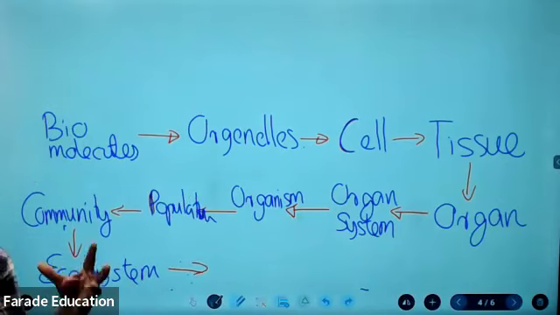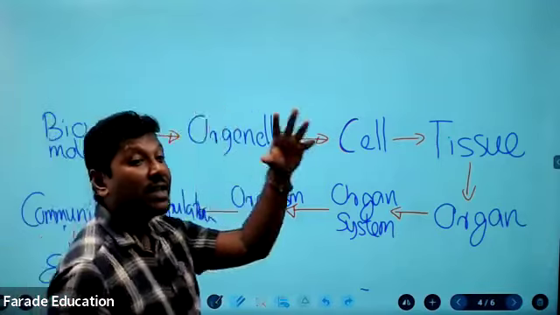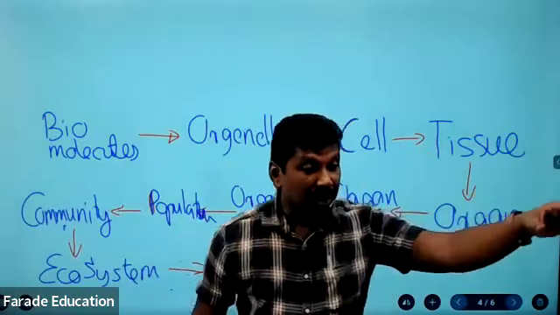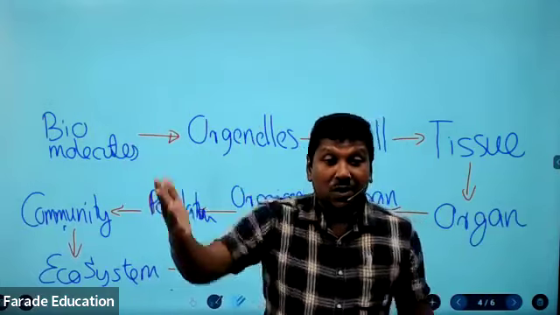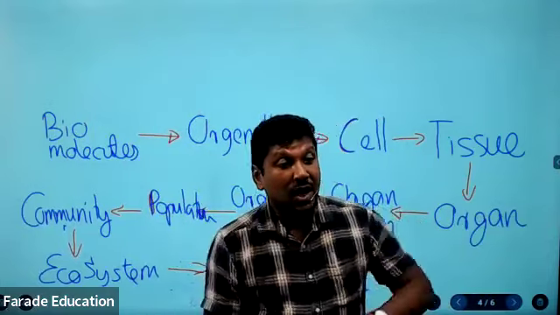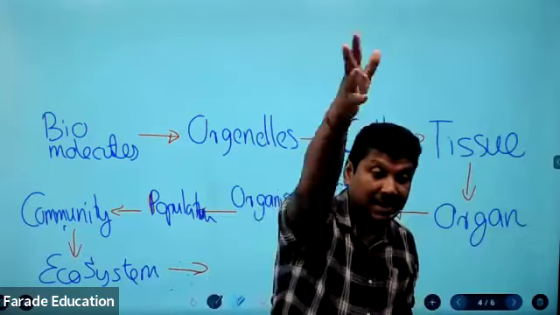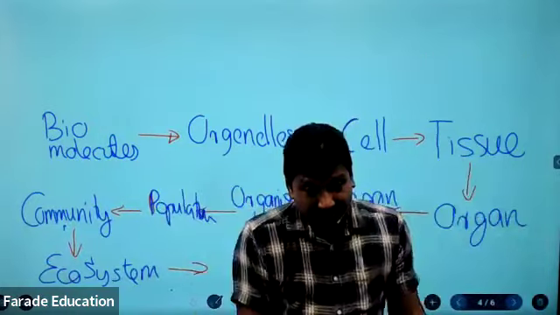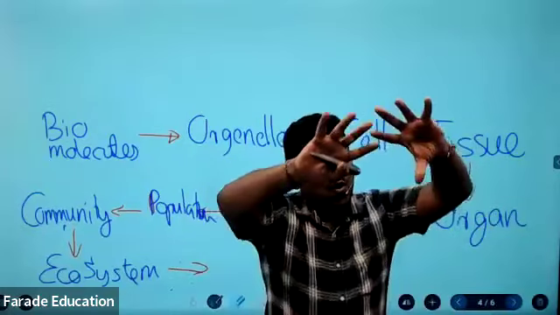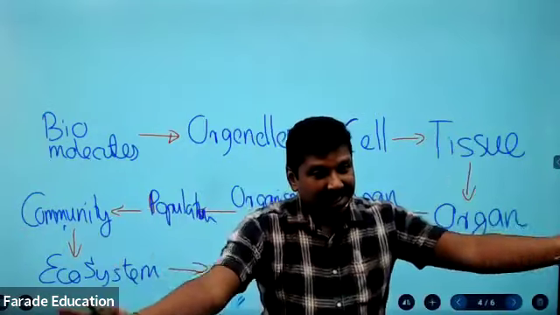All the ecosystems on Earth, right? Basically, you have the aquatic ecosystems in marine water and fresh water. You have the terrestrial ecosystem, that means on land. You have the rainforest, grasslands, deserts, tundra, and all these things. All these ecosystems make all the organisms on this earth.